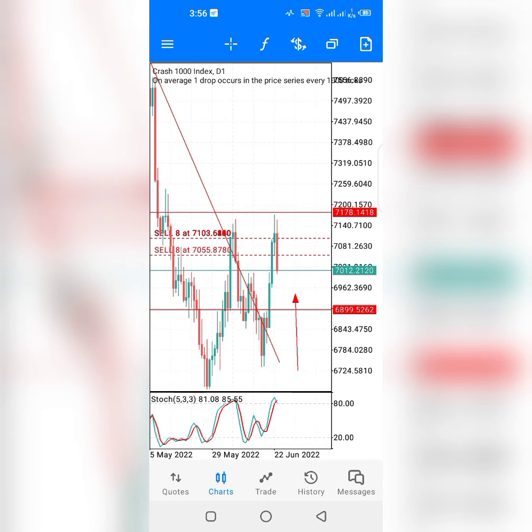You can decide to stick with EUR/USD. You can decide to stick with all USD currency, all currencies that are paired with USD. All right, so you can decide to do that. So it's not a must you trade everything. You trade NZD, JPY, and stuff. No. So now let me come back to this. So you can decide to stick with only Crash 1000 Index.